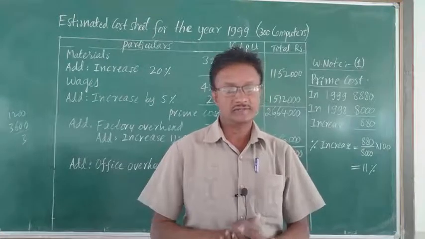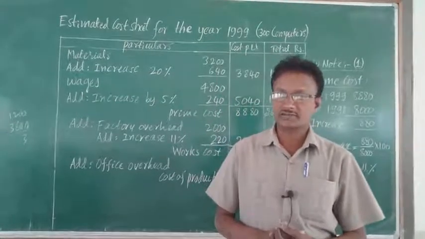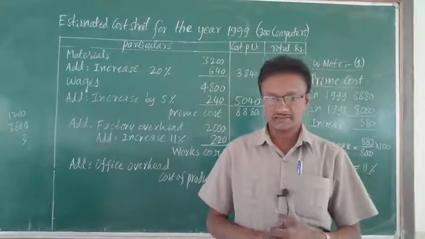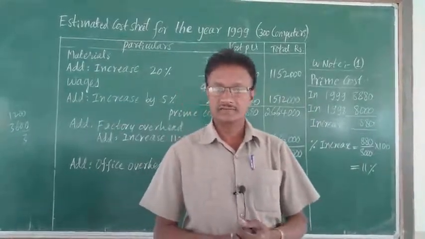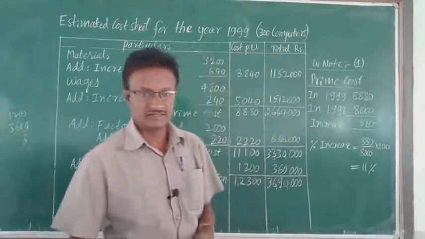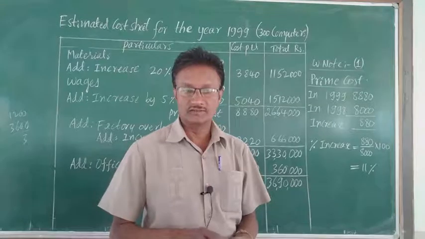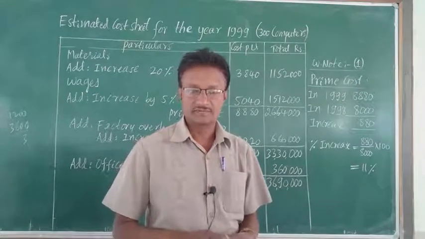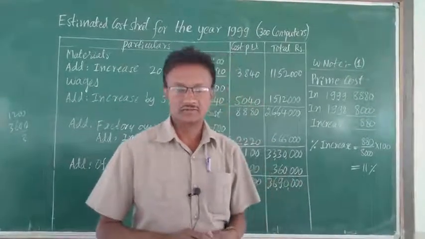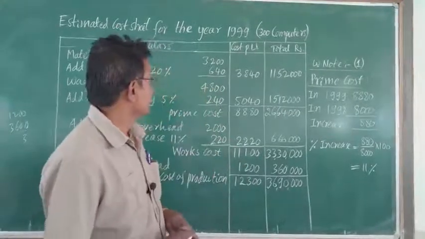These are always variable costs, that means they change directly with the volume of production or output. If the output increases, these costs increase, and if the output decreases, these costs decrease. And all overheads, if there is no information, are usually fixed. As per the information, the overheads will change, and we have to make changes according to instructions.